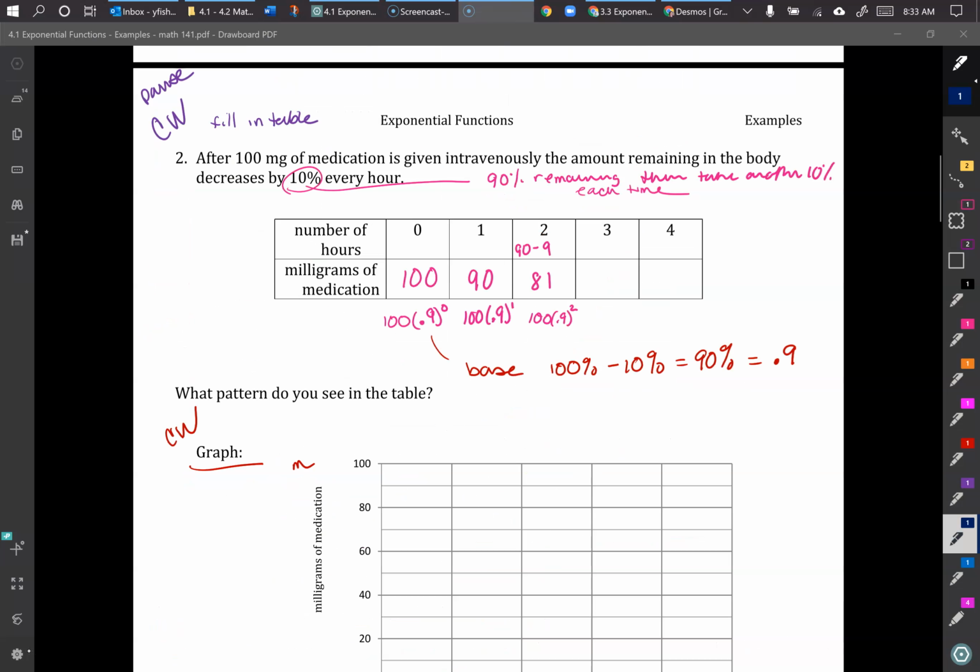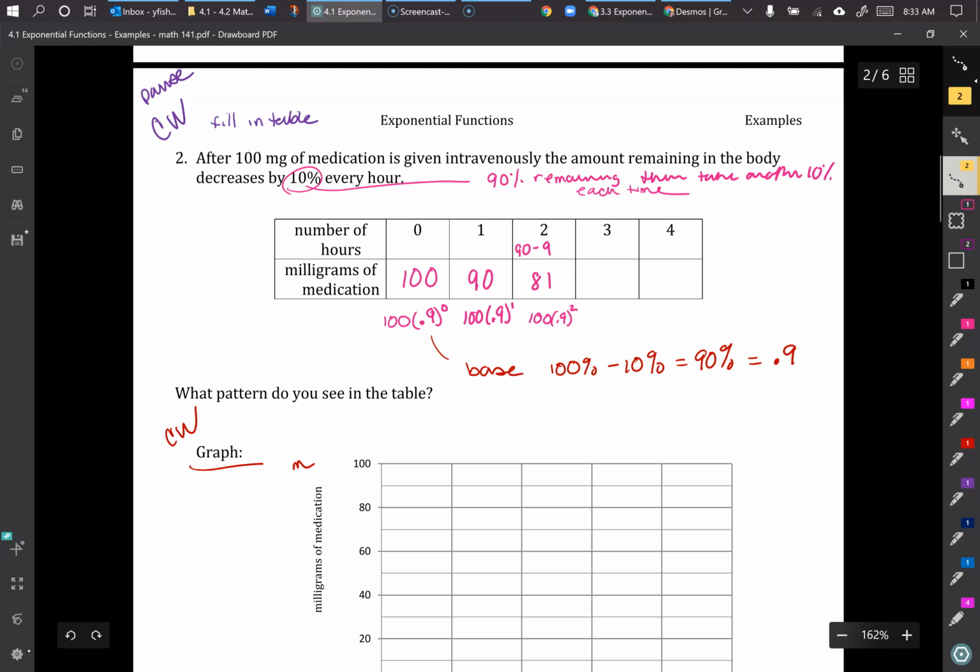Okay, for this next one, number 2, I want you to try to do as classwork, but I'll start you off. After 100 milligrams of medication is given intravenously, the amount remaining in the body decreases by 10% every hour. So 90% would be remaining the first hour, then take another 10% off each time.